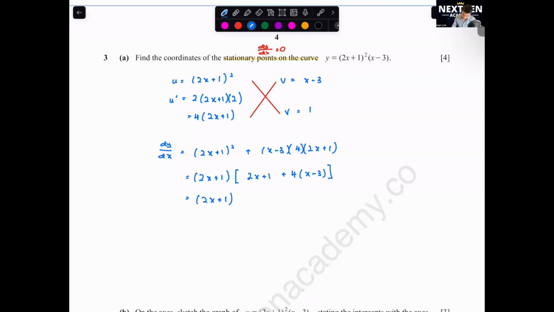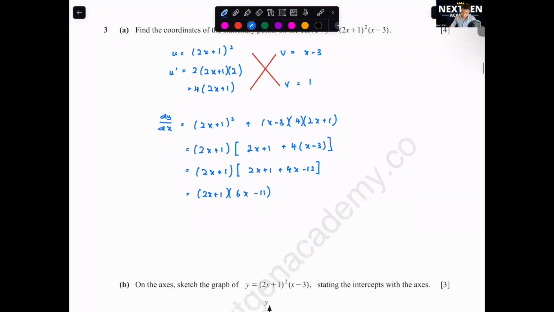So 2x plus 1, times (2x plus 1 plus 4x minus 12), and you end up with (2x plus 1)(6x minus 11). You can expand the whole thing and then factorize it also, that is fine.